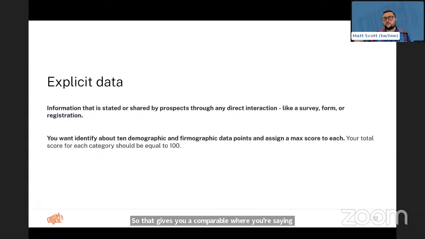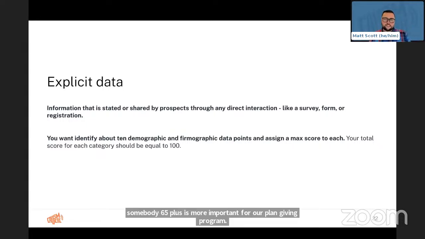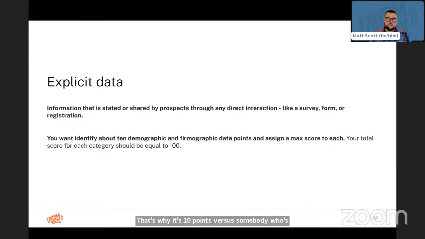That's why it's 10 points, versus somebody who's 45 to 65, that's 5 points, versus somebody who's under 45, we're going to assign 0 points, because we know that data suggests that person is less likely to participate in our planned giving program. So we don't want our major gift officers focusing their outreach on them.